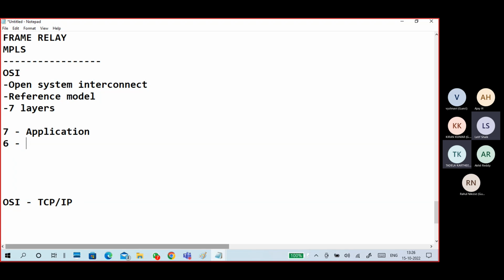Means application part in the network communication, like web browsers, Microsoft Teams, or maybe FileZilla applications, Outlook mail clients. These are all application layer. Next one is presentation layer: compression, decompression, encryption, encoding are the main part of the presentation layer.